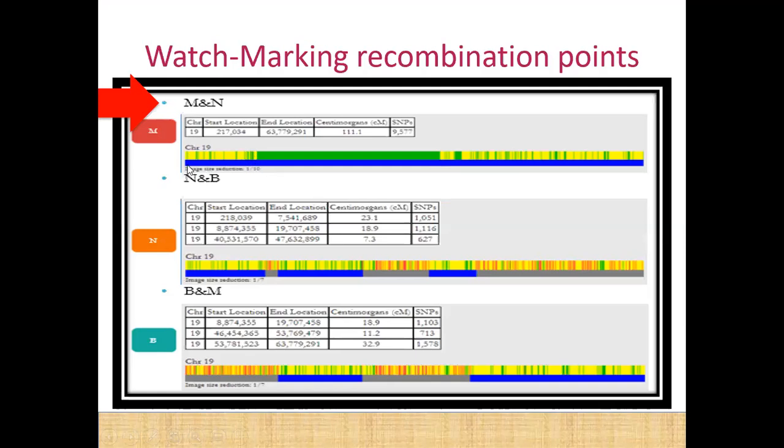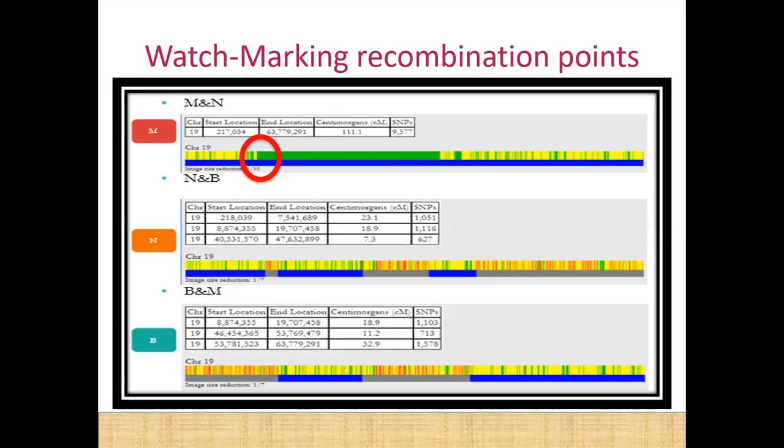It's that blue on the bottom that tells us that we've got a significant amount of yellow. So we're set there. But at this point here, we see a change from that yellow on the top, blue on the bottom, to a solid green bar on the top and a blue bar on the bottom. So we've marked one of our points of change.